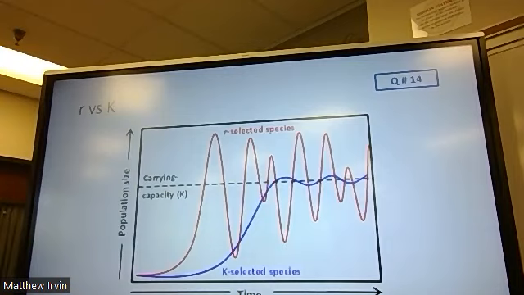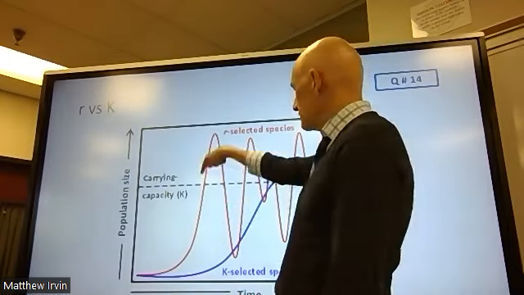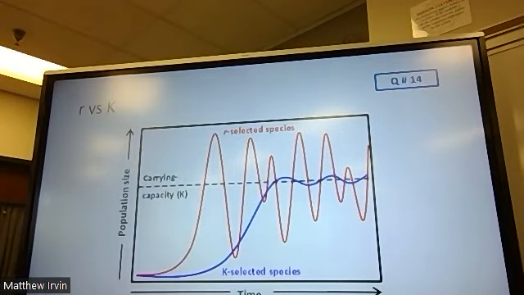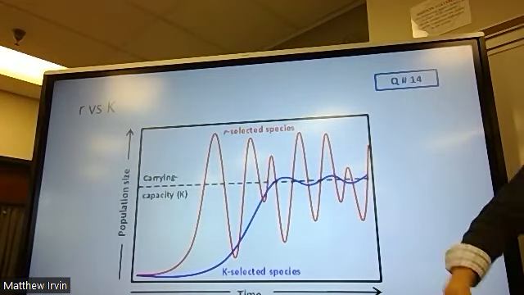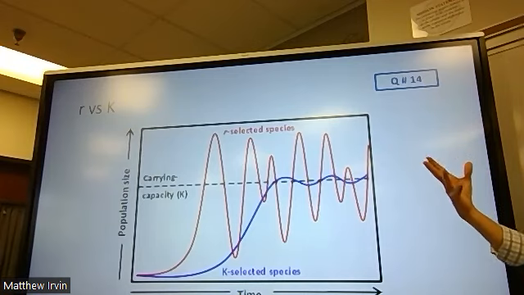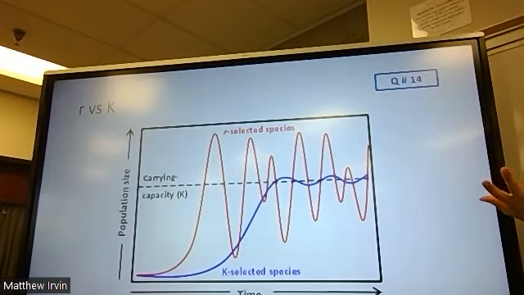When we look at the graphs of how r and K selected populations grow, we see that r selected species tend to have wild fluctuations. Typically as seasons change, you'll have a spike. Like aphids right now, their populations are going crazy. They're getting lots and lots of aphids, but eventually it's going to get cold and their populations will crash.